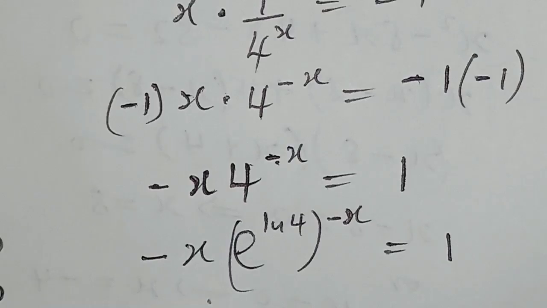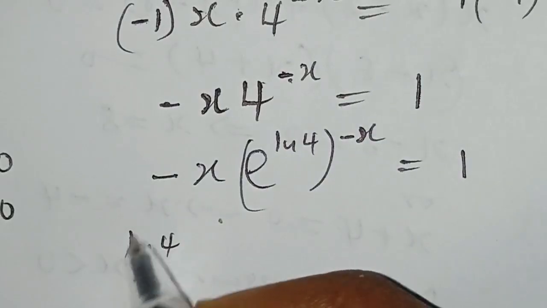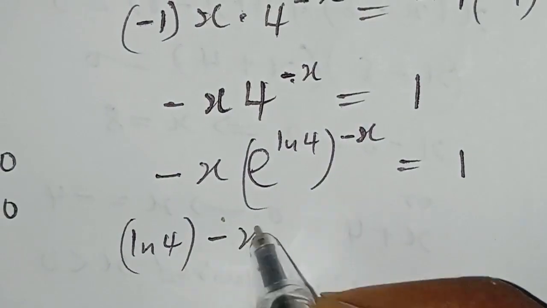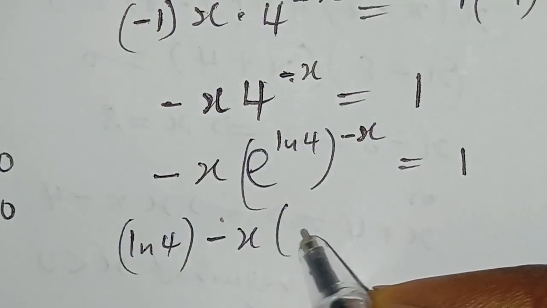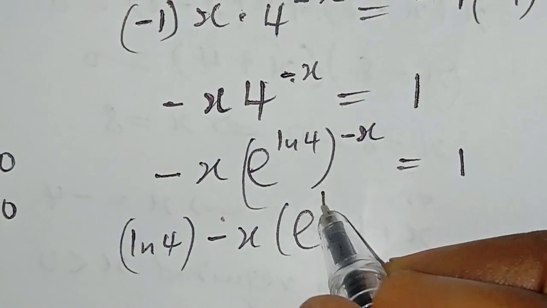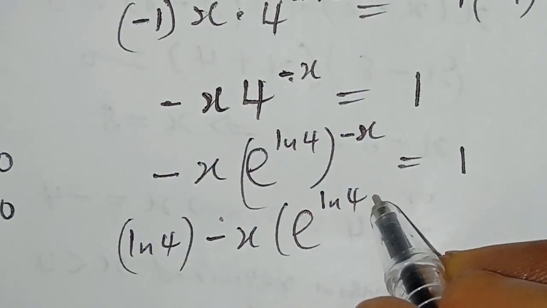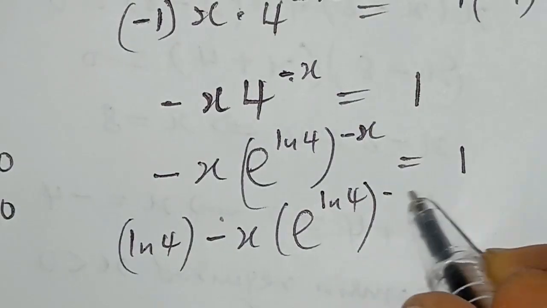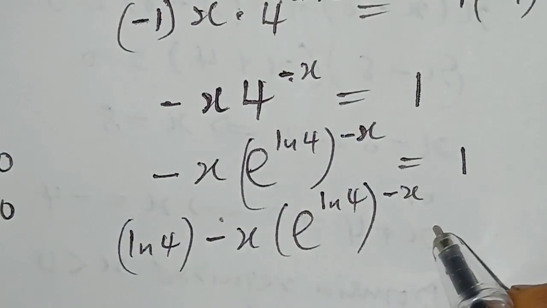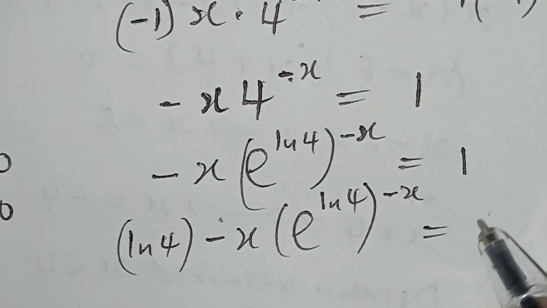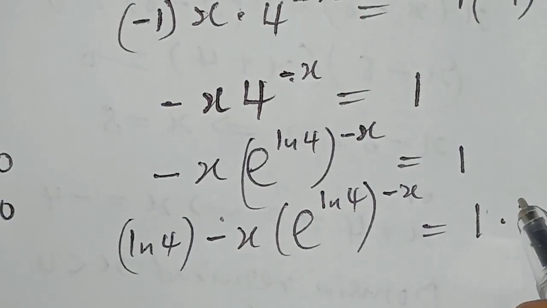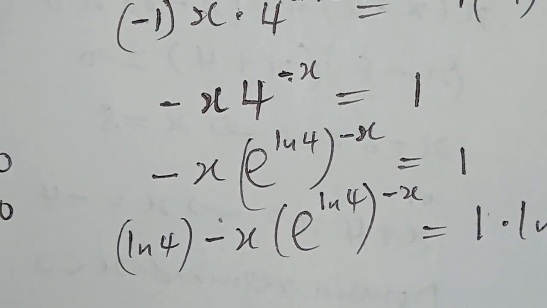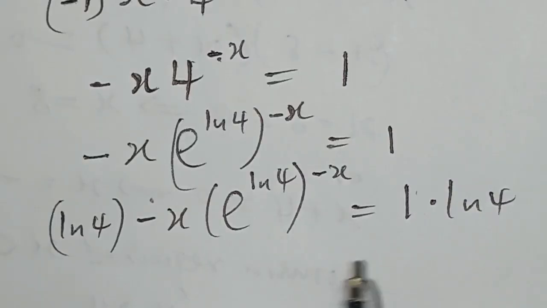So we have ln of 4 into brackets minus x into brackets e to the power of ln of 4, then into brackets minus x equal to 1 multiplied by ln of 4. So we just multiply ln of 4 to both sides.